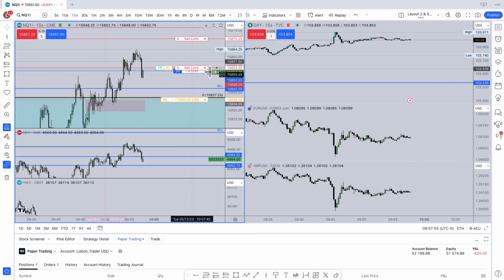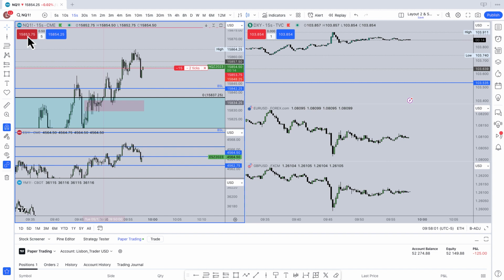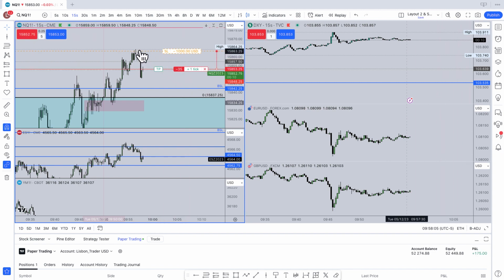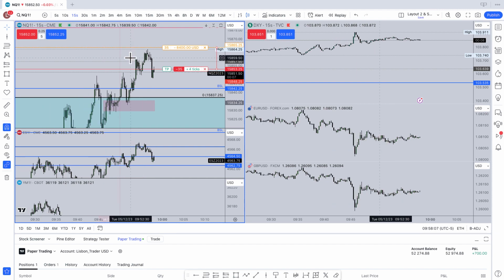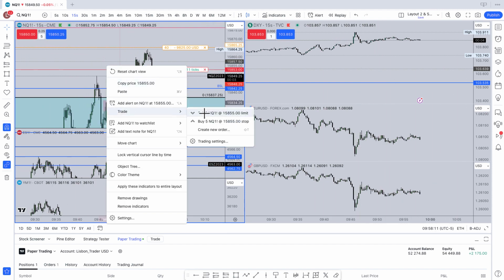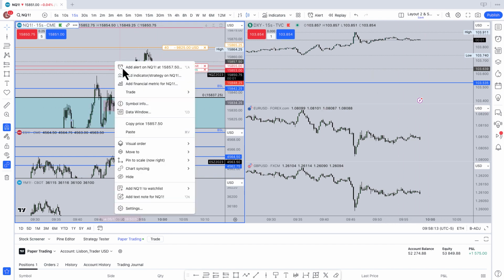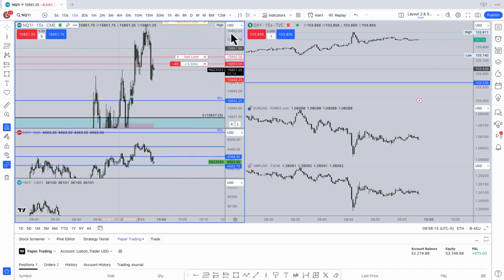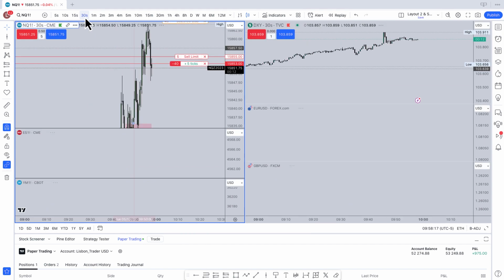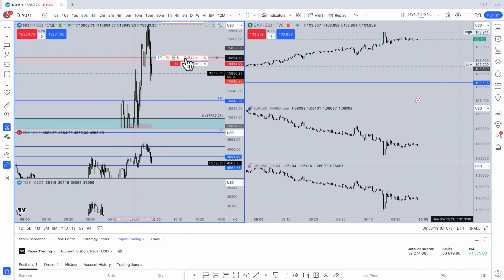So we have a shift in market structure, so it's going to turn. So let's turn it, put the stop above this level, keep on selling inside this fair value gap that we have here.